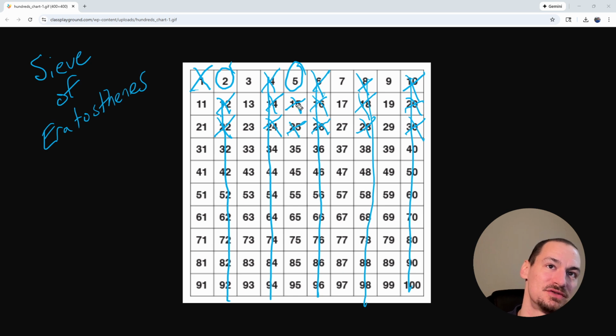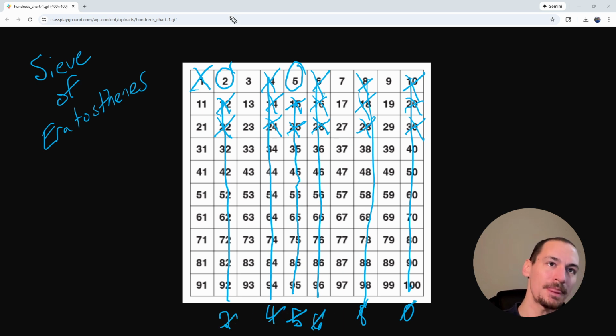And just like with the 2's, you can ignore the tens place when you're trying to recognize multiples of 5. All you have to do is look in the ones place. If it ends in a 5 or a 0, you can cross it off because you know it's a multiple of 5. Same way that you could recognize even numbers: if it's 2, 4, 6, or 8, you can cross those off.